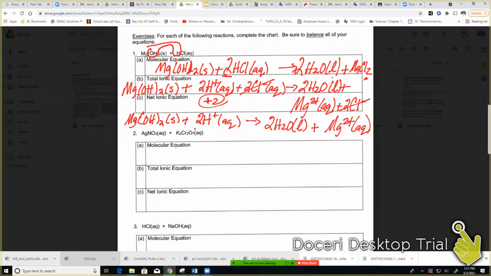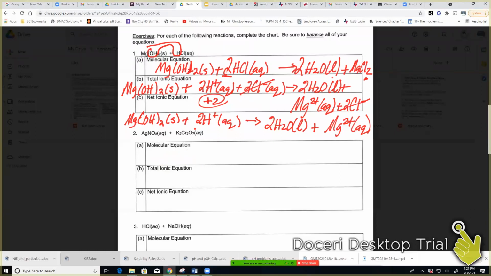All right. We can look at another one, number 2. I have silver nitrate and potassium dichromate. So I'm going to say AgNO3, and that is AQ.